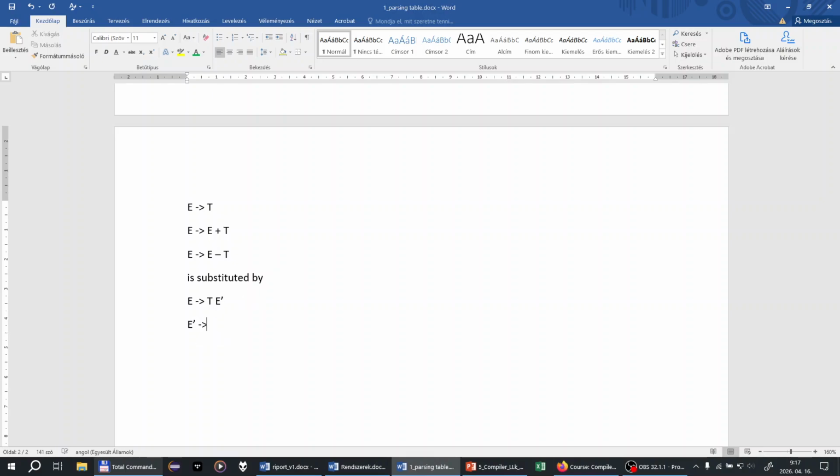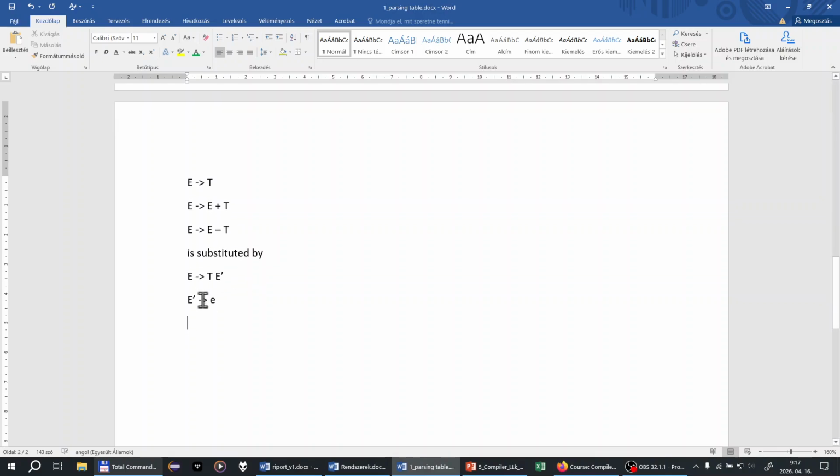The E prime can be empty if we do not have any repeated parts, or the E prime can be the repeated part.